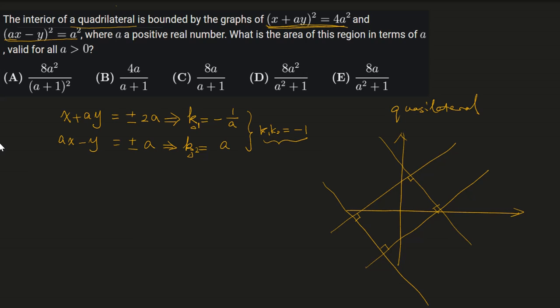In order to calculate the area of a rectangle, we only need to know the side length of this and this, right? Which are simply the distance between each pair of parallel lines. And in general, we have this formula. If we have the general form ax plus by equals c1, and ax plus by equals c2, we have this pair of parallel lines.